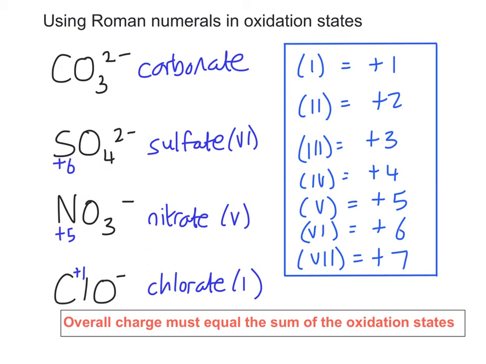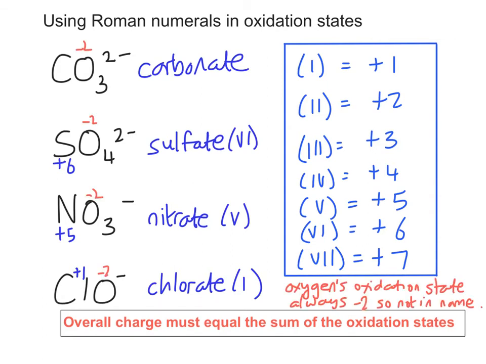And because oxygen's oxidation state is always -2, we don't put it in the name. And I've underlined the "ate" part of the name because that's the part that tells you that oxygen is in the ion somewhere.